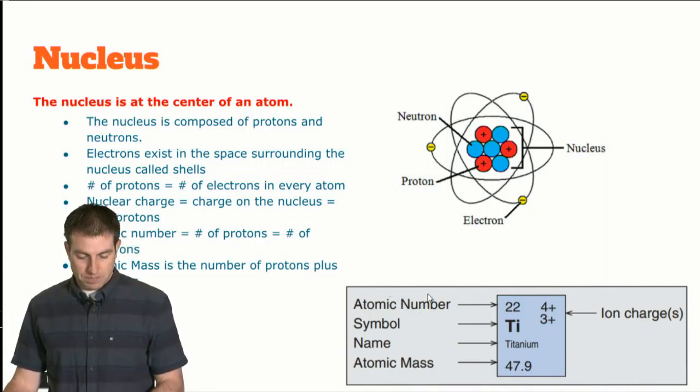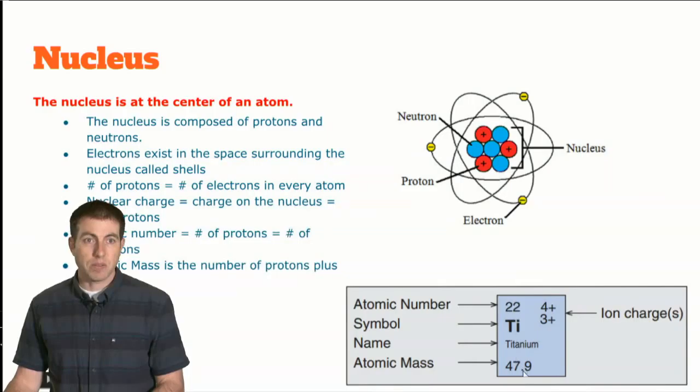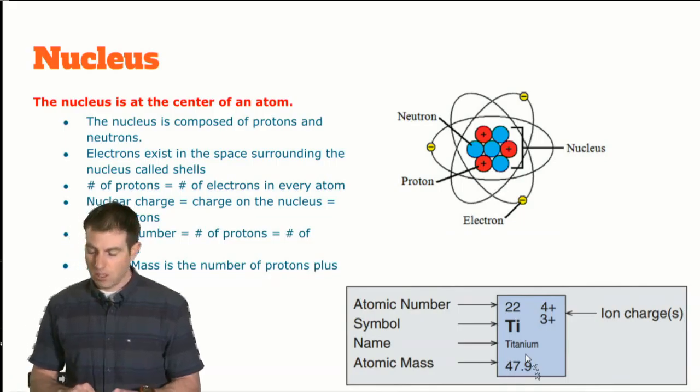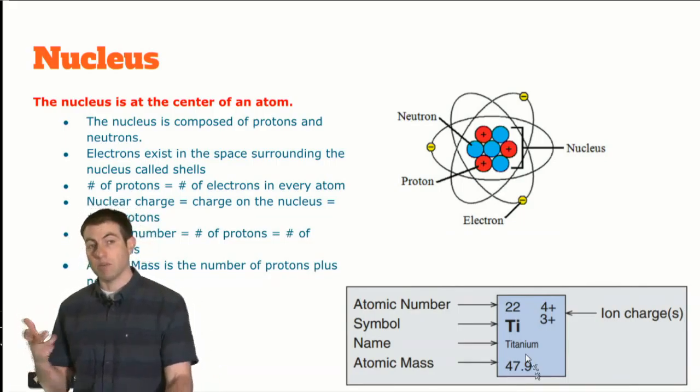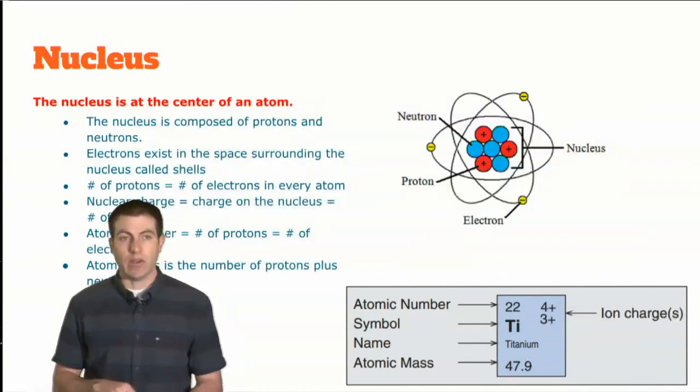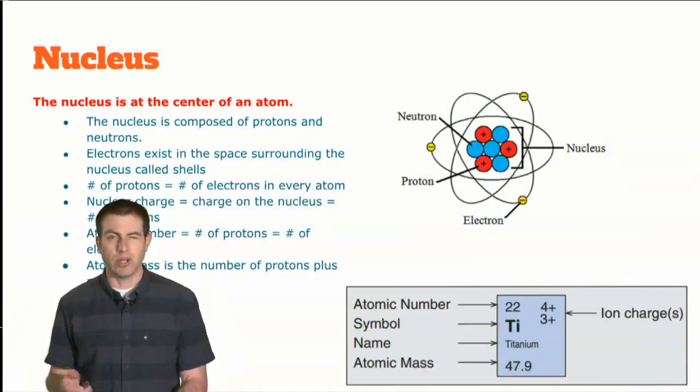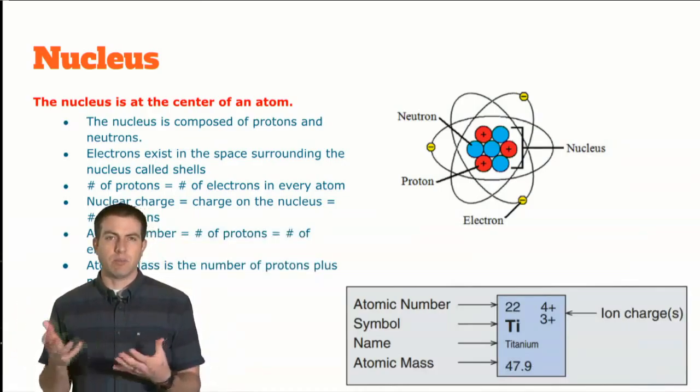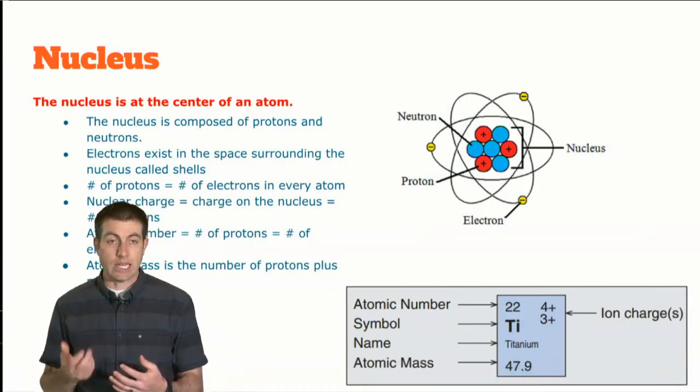The atomic number is the number of protons up at the top here. The atomic mass is protons and neutrons. So when we have the atomic number being 22 and the atomic mass being 47.9, we'll round that 47.9 up to 48. And what we can do is figure out how many neutrons there are.